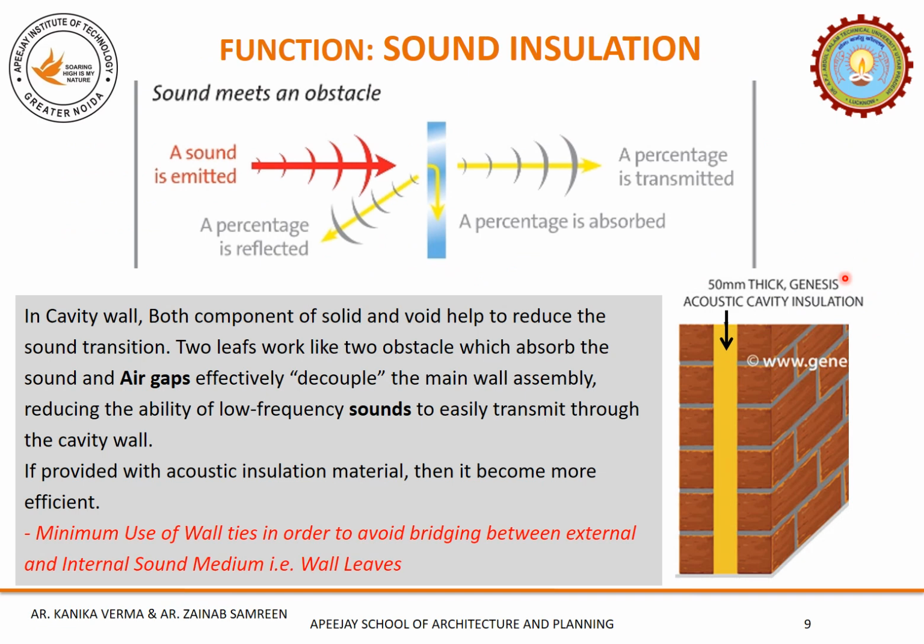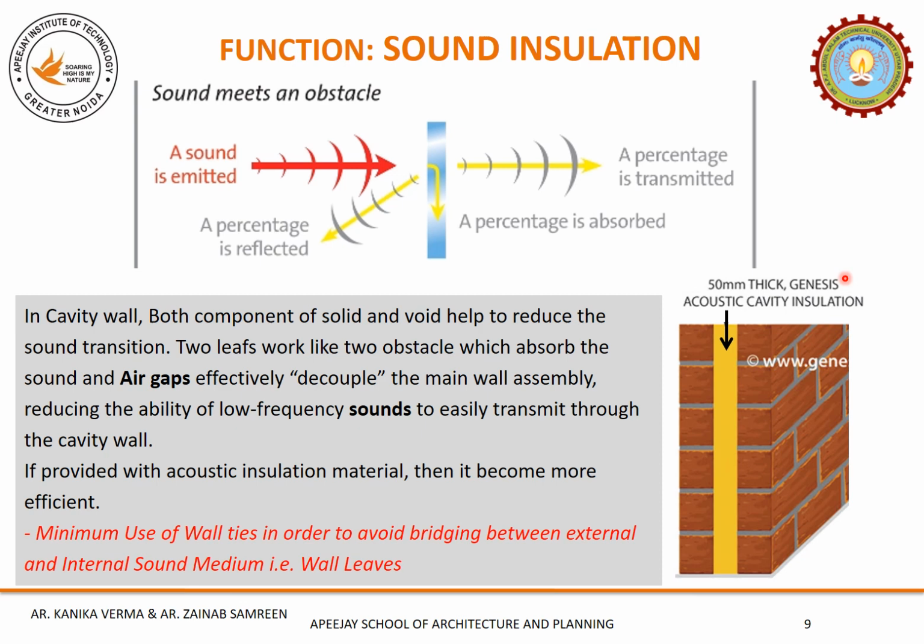The other important function for choosing a cavity wall over a solid wall is sound insulation. Actually, we can say it's noise pollution. We don't want the exterior noise to come to our interiors. For this, we need to have a little idea how sound transmits, how sound behaves.